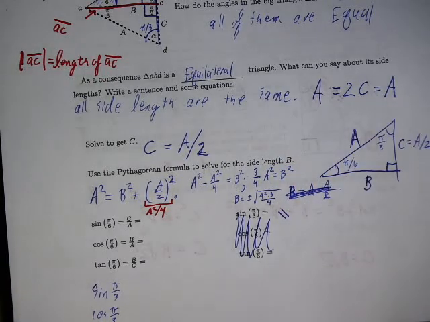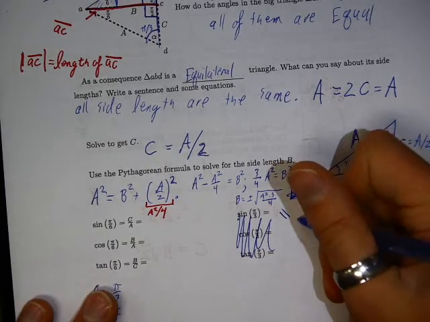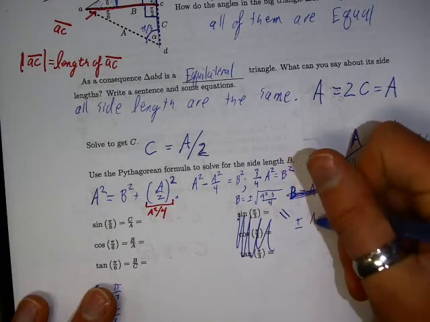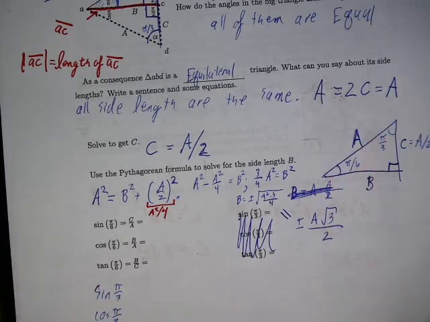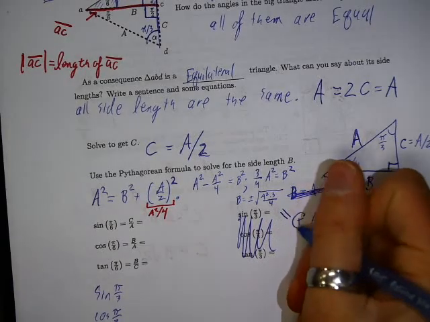And let's take a look at that. Do you see any perfect squares under that square root? Yeah, I see a 4. I also see an A squared, which is a square. So you pull those two things out. I'll leave the plus or minus because I haven't said anything about it yet. A root 3 over 2. Can I throw out the negative choice? Mm-hmm. It's the side length of a triangle.